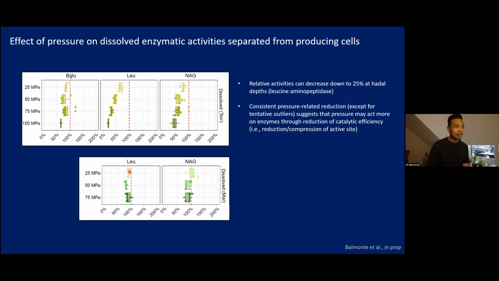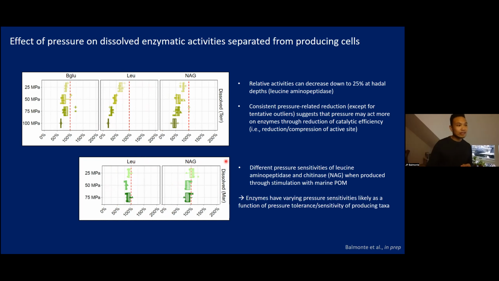And we're measuring the same enzyme activity here, leucine aminopeptidase and chitinase, except when it's stimulated by terrestrial POM, it's highly pressure sensitive, but when it's produced and stimulated by marine POM, it's actually relatively pressure resistant. So that's what that's saying.